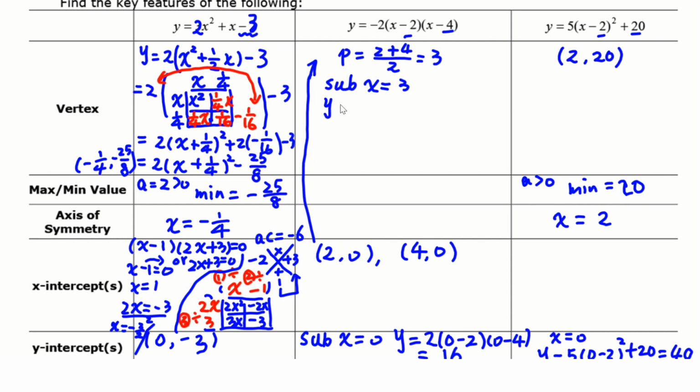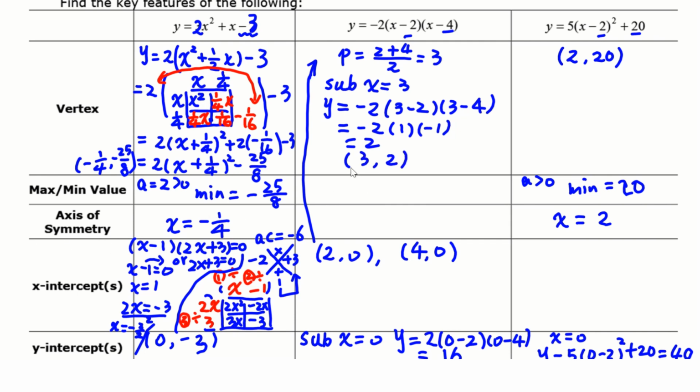So y equals negative 2 times (3 minus 2) times (3 minus 4). Then we do the calculation: negative 2, 1 times negative 1 gives you positive 2. So the vertex is 3, 2.